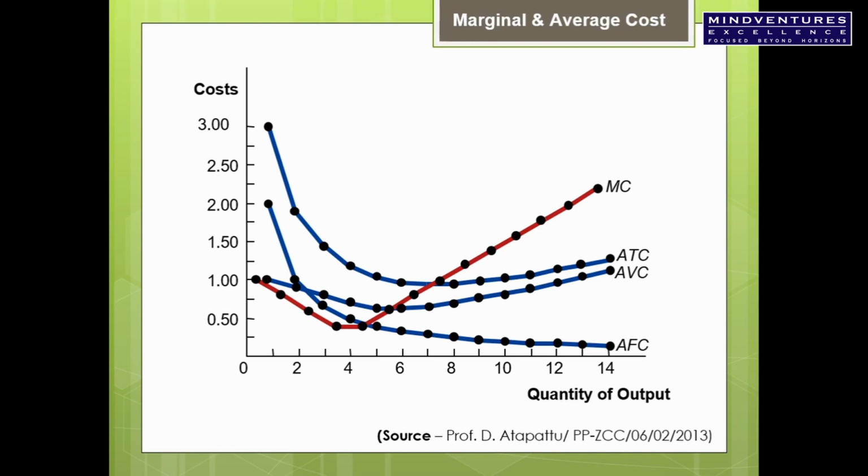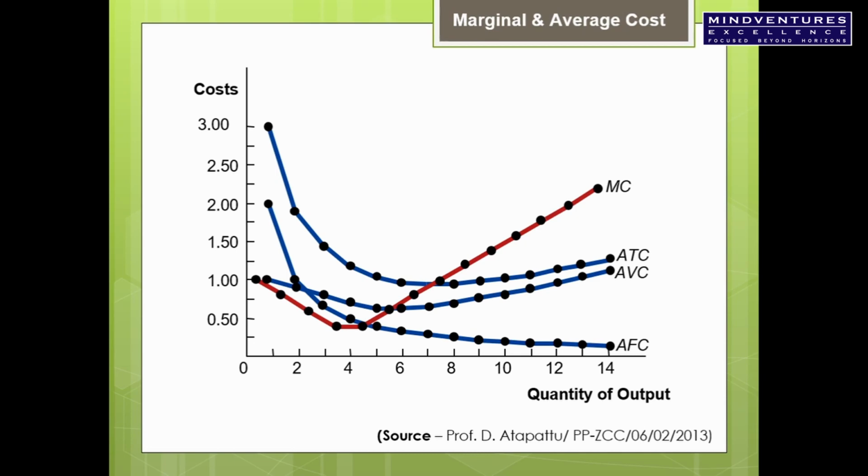When we look at the interaction between the marginal cost, ATC and AVC curves, you guys can see very clearly in this particular slide that the marginal cost curve does not intersect the ATC-AVC curve at any point. There is a particular specific point at which the marginal cost curve will intersect the ATC and AVC curves.